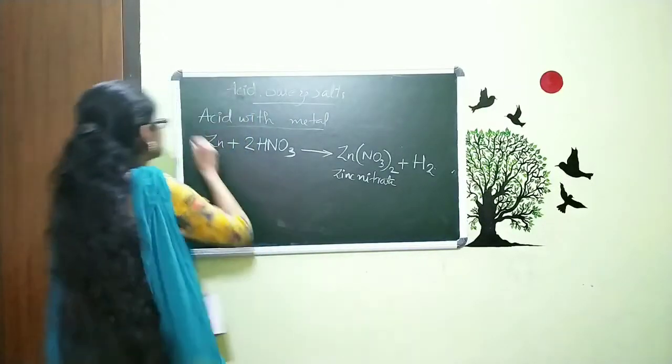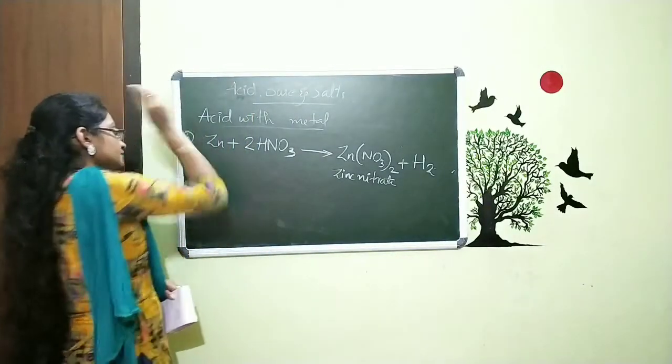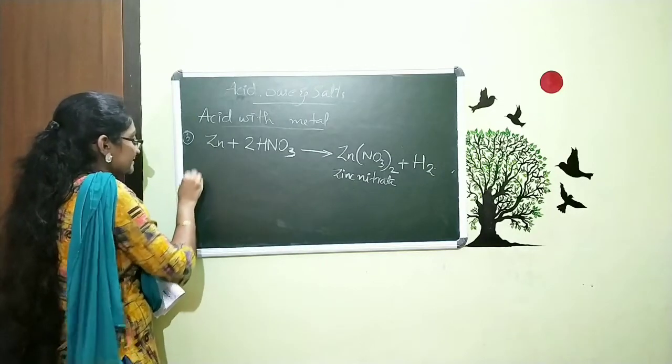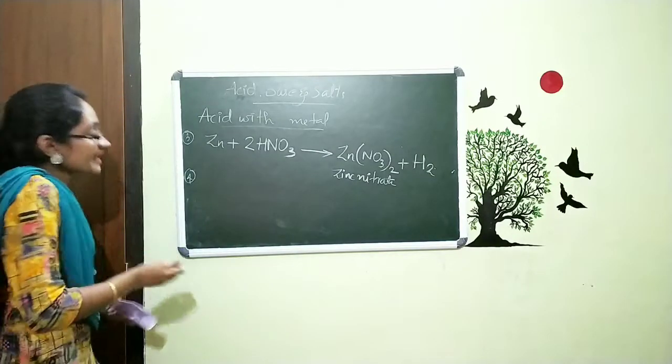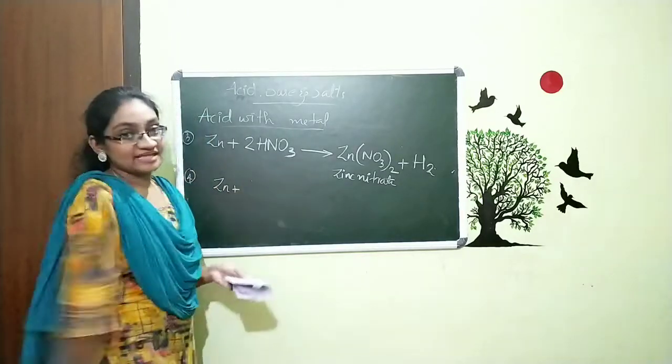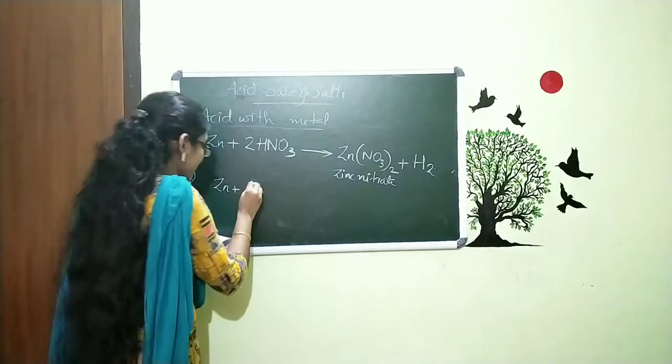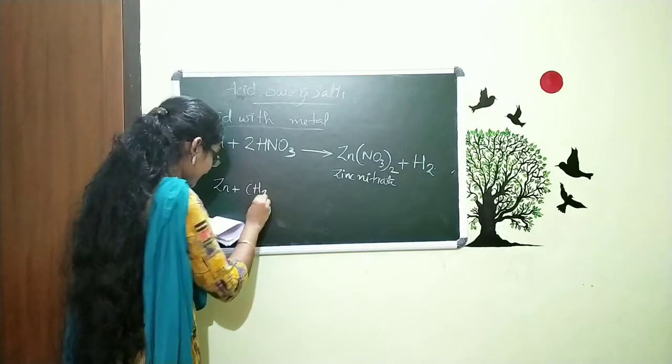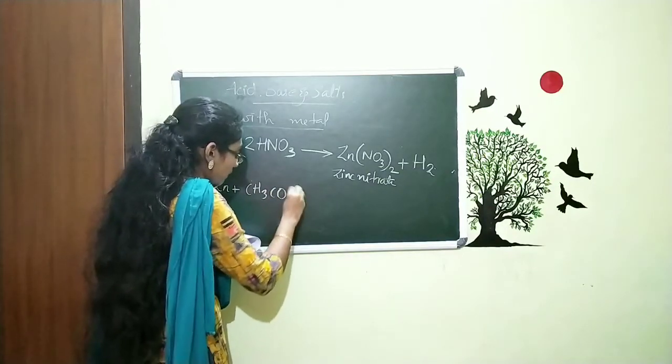This is the third example. And the fourth example is the reaction of zinc with acetic acid. Acetic acid, that is CH3COOH.